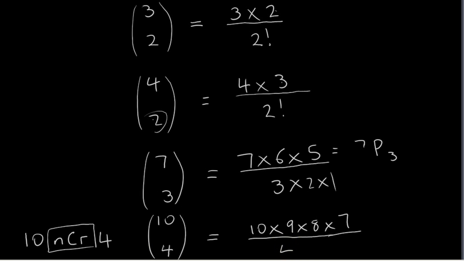Well, 4 factorial is 4 by 3 by 2 by 1. So we have 4 numbers on top and 4 numbers underneath. So let's just work this out. 4 2s are 8, 3 3s are 9, 3 7s are 21, 21 times 10 is 210.